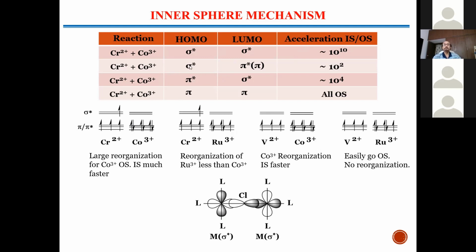Alternatively, the next one is sigma star to pi star. Before that, one vacancy has to be created. That means first it will go to the high spin configuration, followed by electron transfer. So too many hodgepodges, and you look at the difference, 10 to the power 10 to 10 to the power 2.